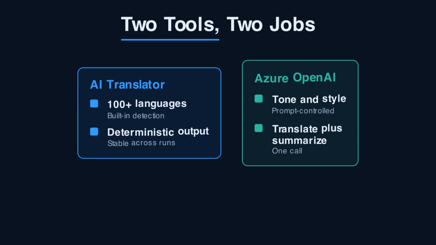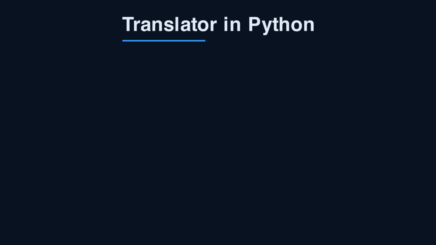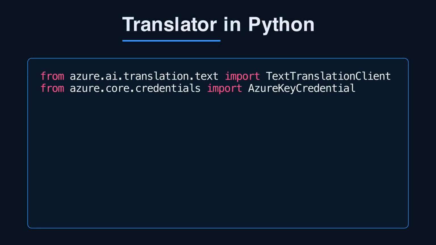It shines when you need tone control, glossary-aware rewriting, or to translate and summarize in one call. But it's slower per request, non-deterministic unless you pin temperature, and you pay for both input and output tokens. Think specialist versus generalist.